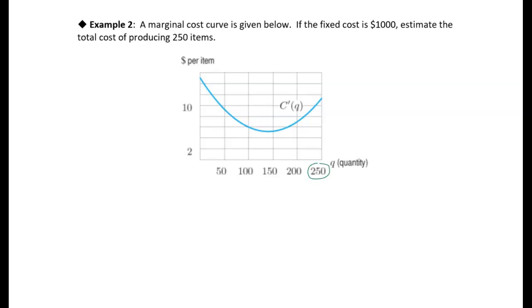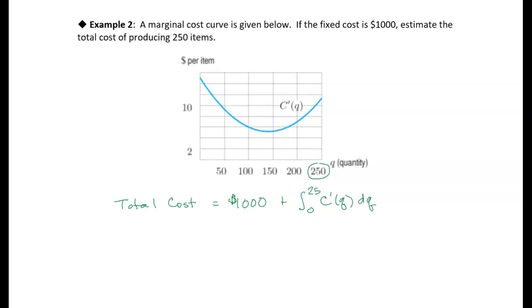So now we know that the total cost, just as I said in that previous box, of producing B units, which in this case is 250 units, is going to be the fixed cost, which is $1,000, plus the integral from 0 to 250 of the marginal cost curve, dq.